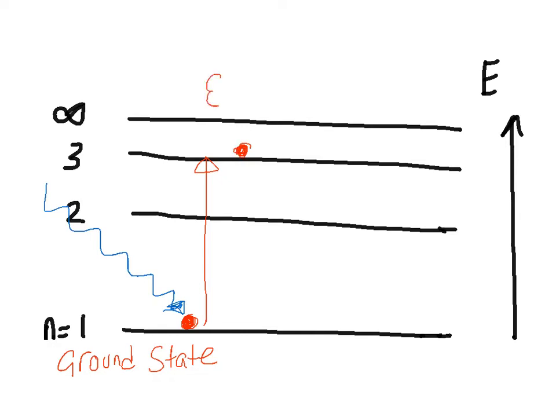So that's the excited state, and the one on the bottom is the ground state.